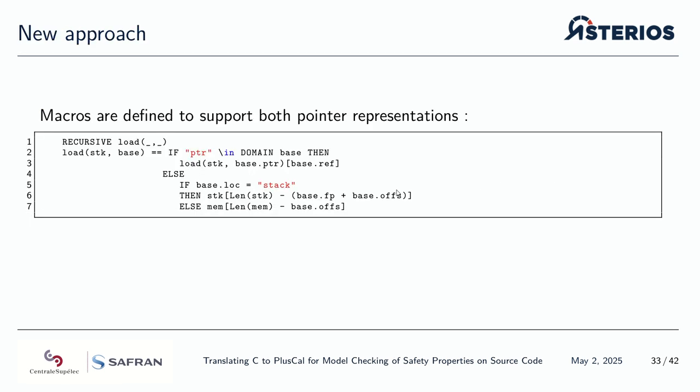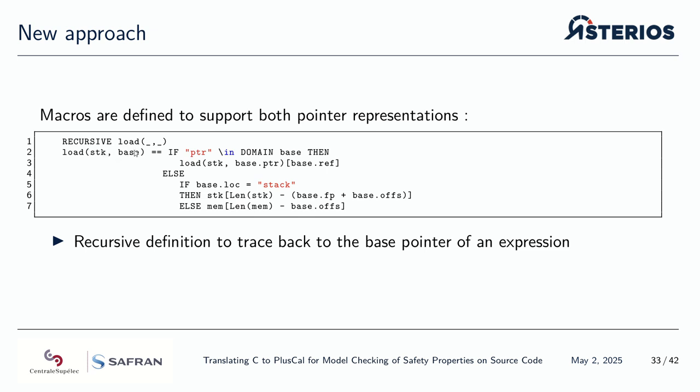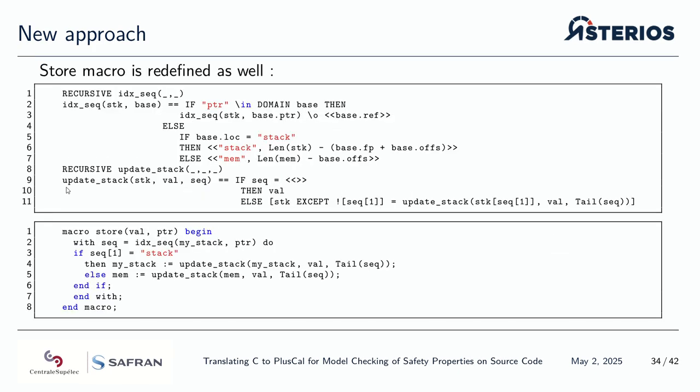So to support both pointer representations, we need to modify the macros that we defined earlier. So here is the way that we defined the load macro to support both pointer representations. We use a recursive definition to trace back to the base pointer of an expression. It is used to trace back all the PTR fields of the pointers that can be nested.